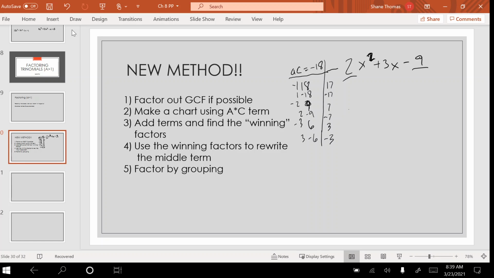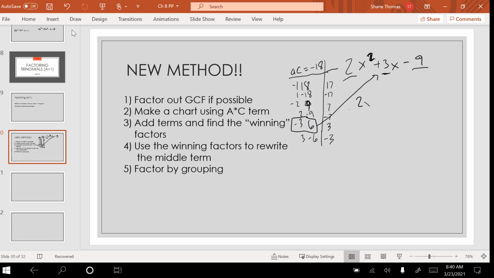Okay? Now, what I'm looking for is B. What is B equal to up here? 3. Which one is my winner then? -3 and 6. Okay? So now I need to replace 3x with -3 and 6. Okay, so I'm going to take these guys and I am going to replace it in my B term.